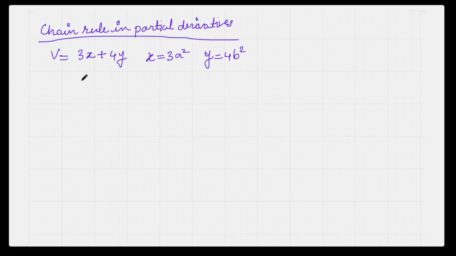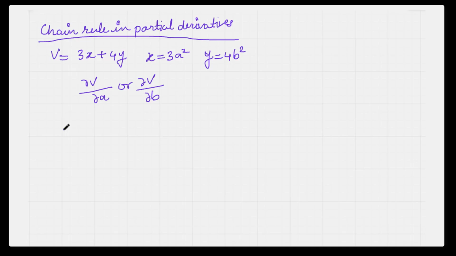How can I get del v by del a or del v by del b if I am dealing with composed functions nested within each other? You could try substituting x in terms of a and y in terms of b to directly calculate del v by del a. If I substitute x as 3a square and y as 4b square, then I can directly calculate del v by del a or del v by del b.